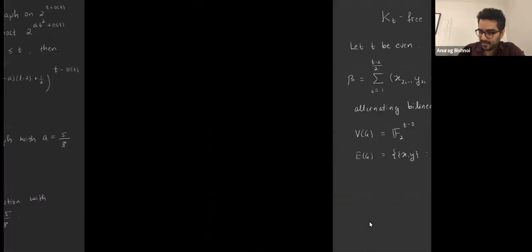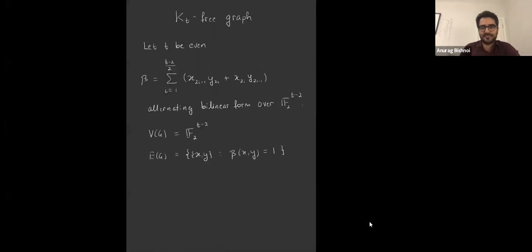Okay, and here is the construction. So let's get through this together. We assume that this t is even, which matters for our construction, but for the lower bound, ultimately it won't matter, right? If you prove this lower bound for just all the even t, then for the odd t's, you also get the same asymptotic lower bound.